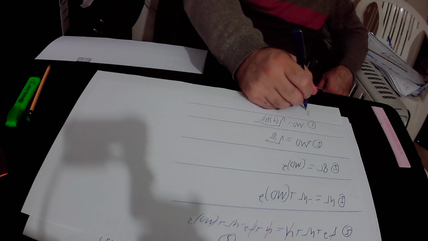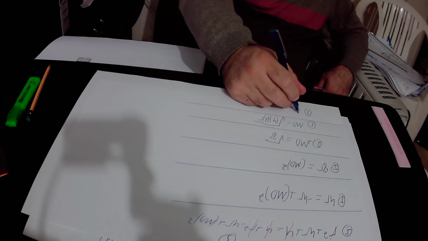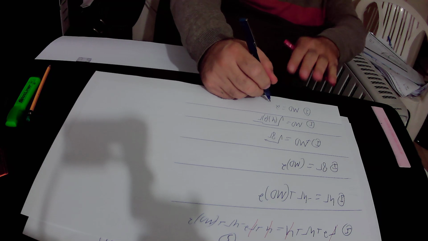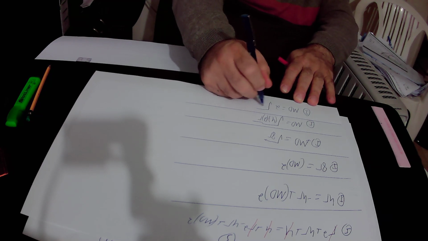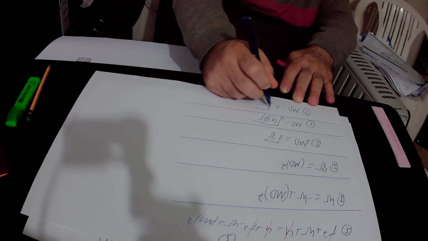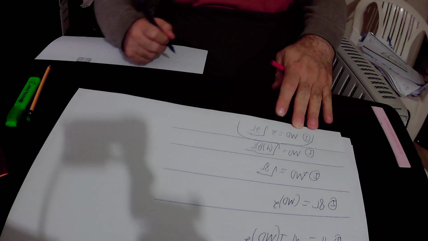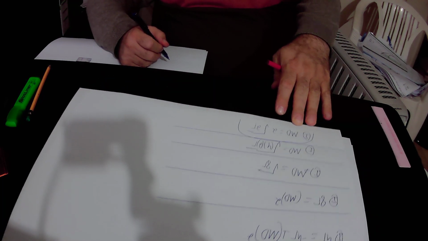In total, we got that the value of MD, or the length of MD, is equal to 2 times the square root of 2R. We found out that MD equals 2 times the square root of 2R.